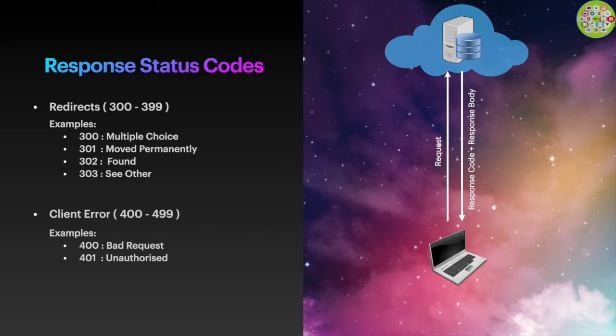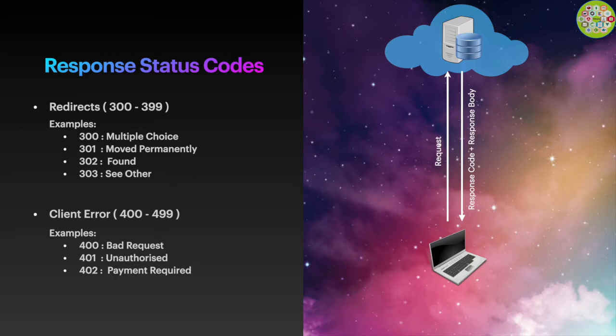This means the client must authenticate itself to get the desired response. So the next status code is 402, that is payment required. This response code is reserved for future use. The initial aim for creating this code was using it for digital payment systems. However, this status code is used very rarely and no standard convention exists.